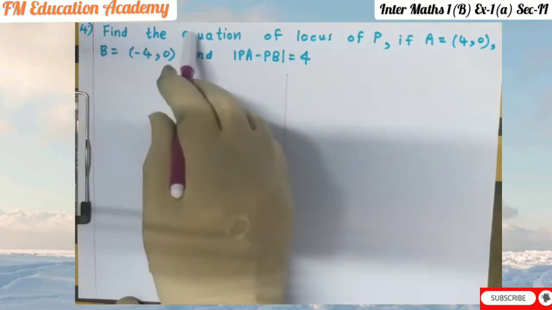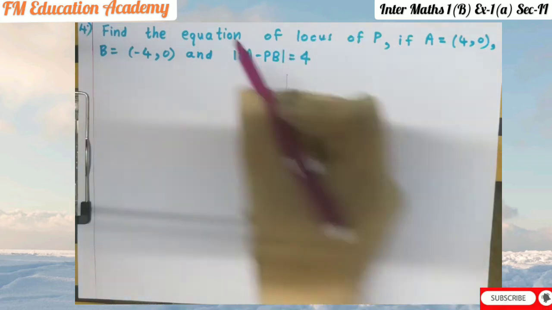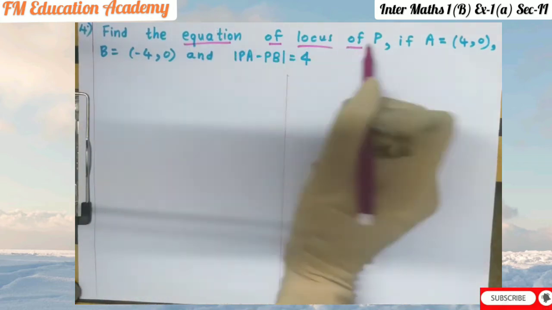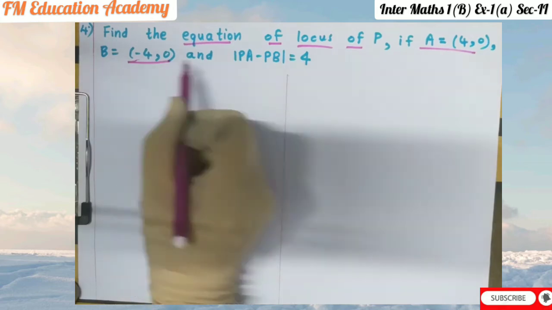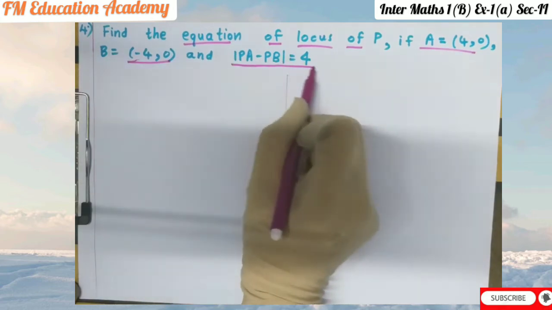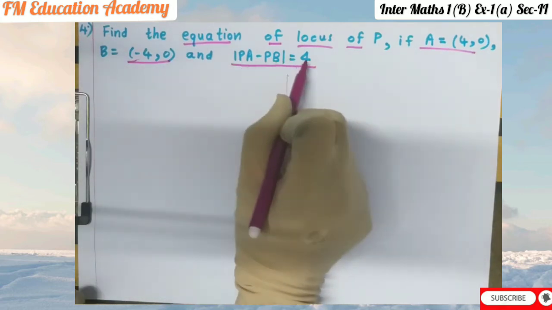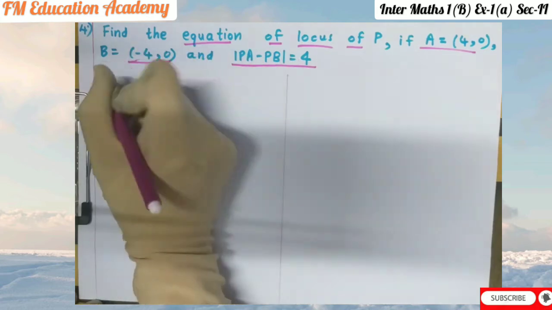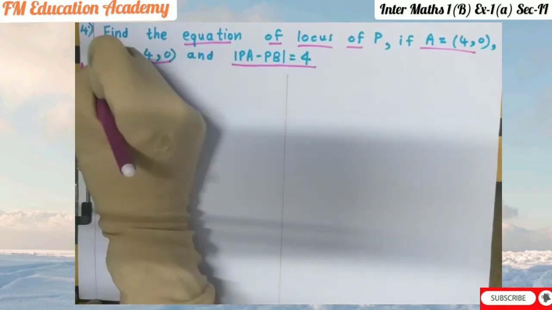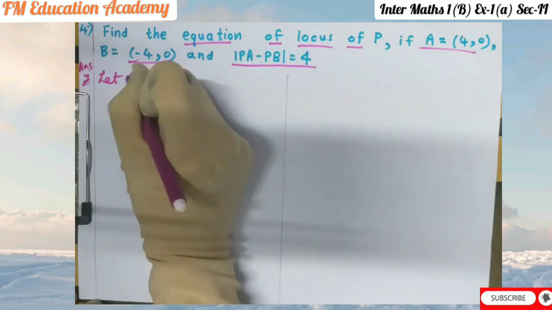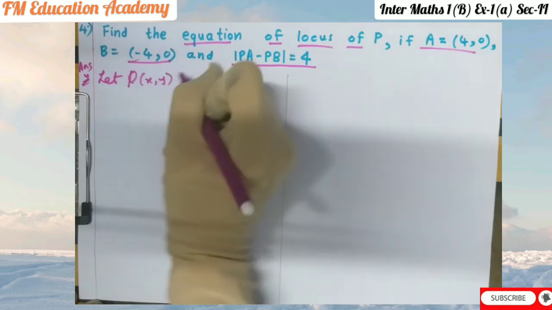Fourth question: find the equation of locus of P if A is given as (4, 0), B is given as (-4, 0), and directly it gave the condition mod PA minus PB is equal to 4. So let P(x, y) be a point on the locus. That is our first step.